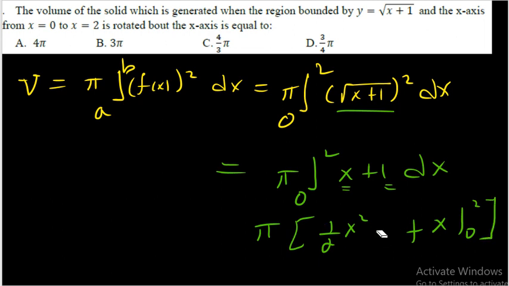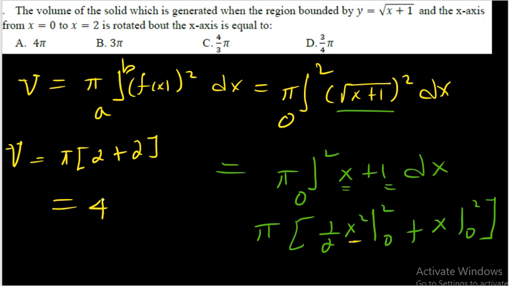Okay, let's complete it. So the volume will be pi still outside. When you evaluate, 4 minus 0, 4 over 2 will be just 2, plus here also 2 will remain. So when you add it, the answer will be 4 pi. So that's going to be A.